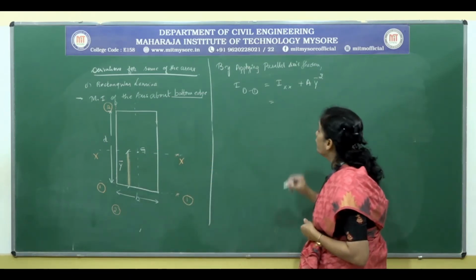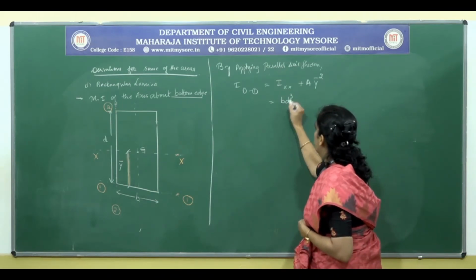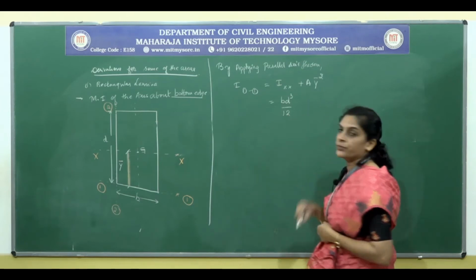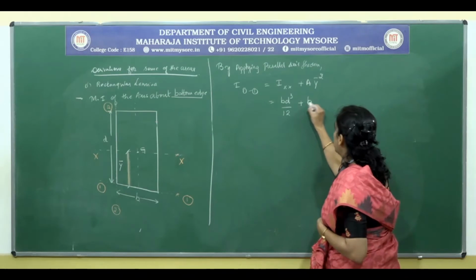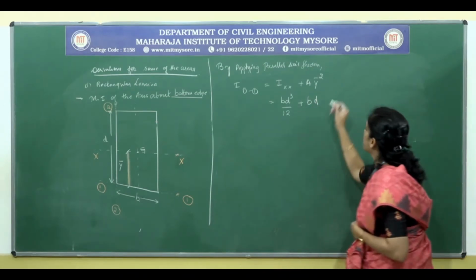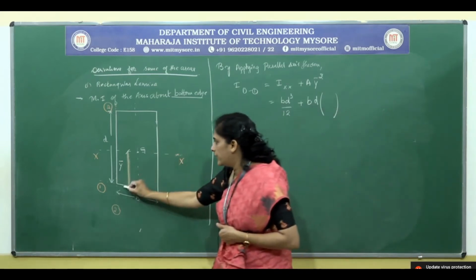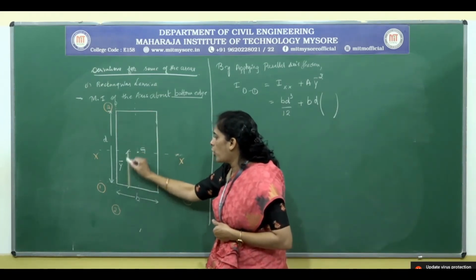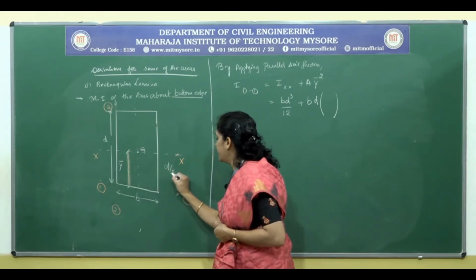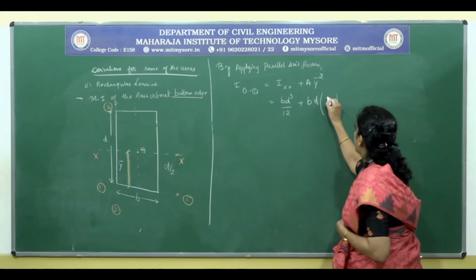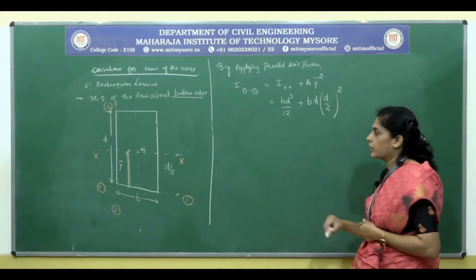So further, we know Ixx is equal to BD cube by 12 plus area of the rectangle B into D into the distance of the centroid of the lamina. Centroid of the rectangle is D by 2. So we are writing that as D by 2 whole square.